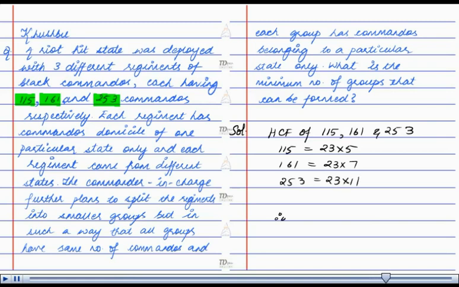Therefore, the required HCF is 23. Hence, the minimum number of groups that can be formed is 23.